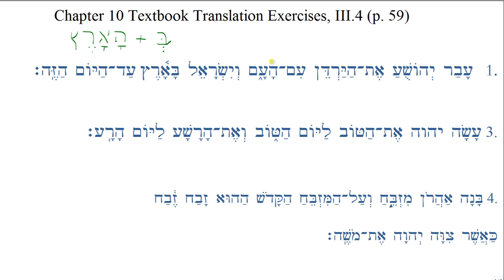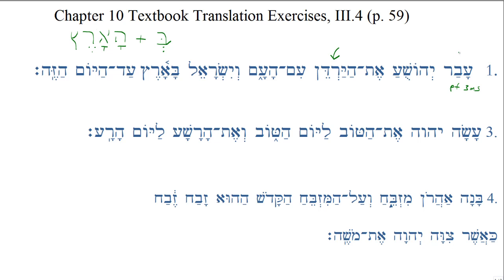Let's go through the verse here. We have Avar Yehoshua. We've seen Avar already. Again, this is our perfect 3ms. The root is Avar. It means to pass over. It can also mean to transgress, but as we've seen before, when we have Hayarden, the Jordan, then we can take Avar to mean passing over something physical.